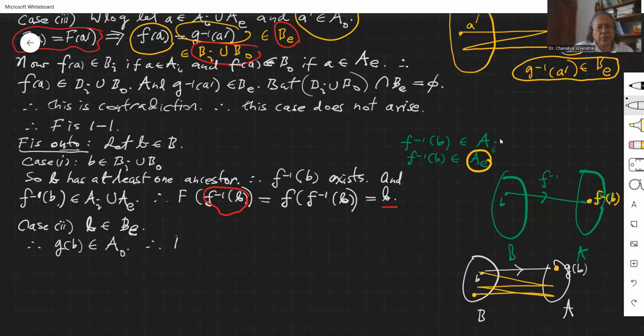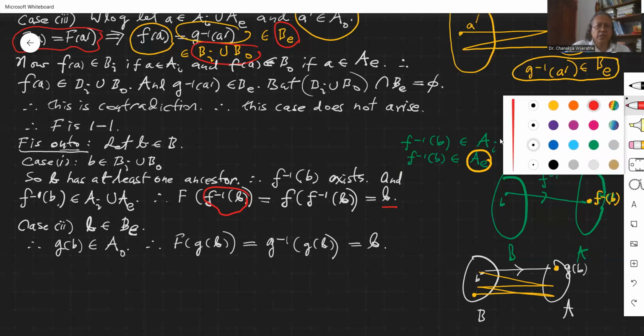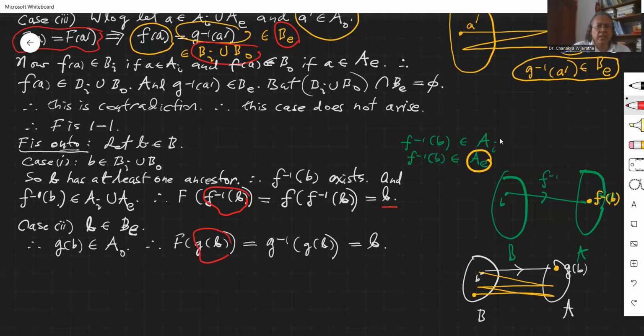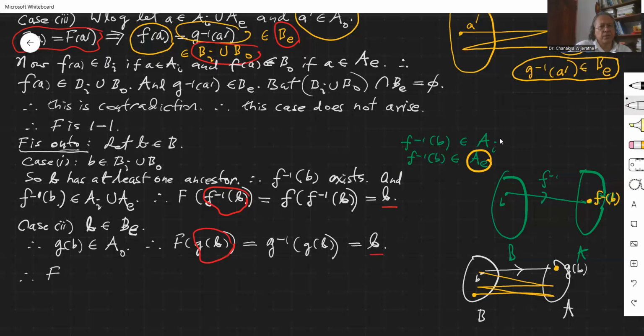Therefore, F of G of b is equal to G inverse of G of b, and this is equal to b. So we have found an element G of b in A such that capital F of this element is b. So we have shown that capital F is onto.